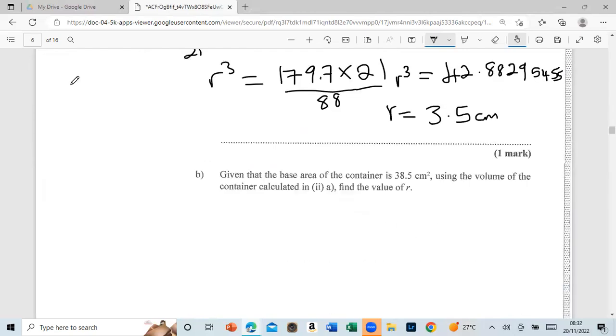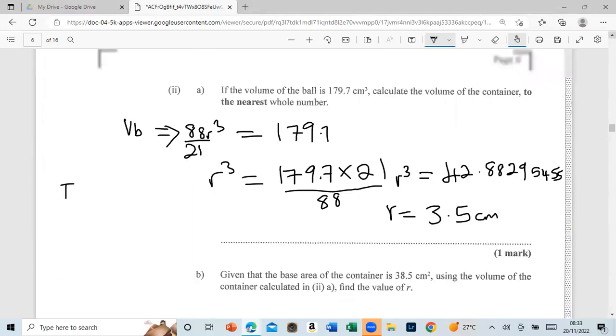So the volume would be pi r squared h. Let's take pi to be 22 over 7. So it's 22 over 7. We know that the radius is now 3.5.